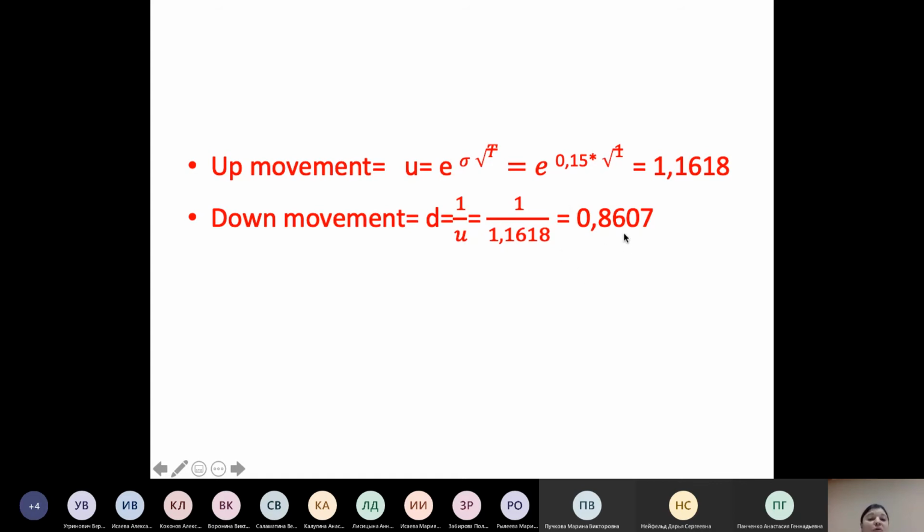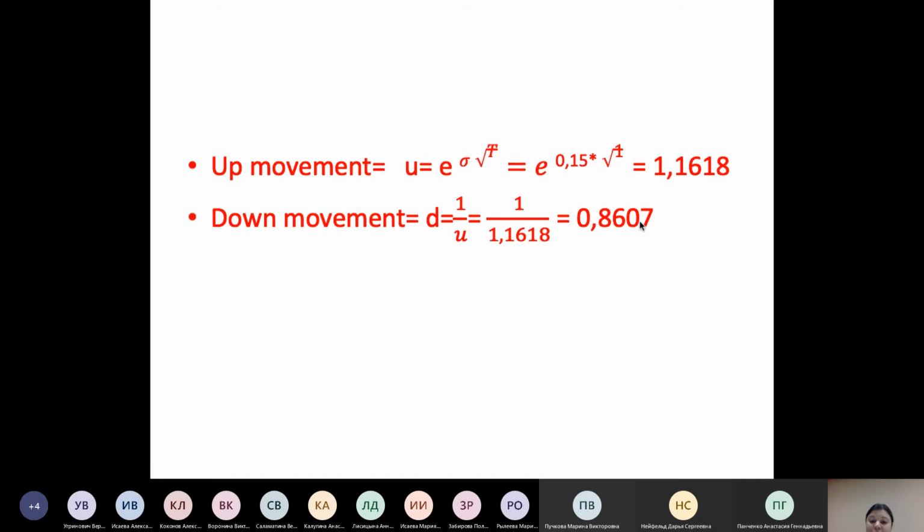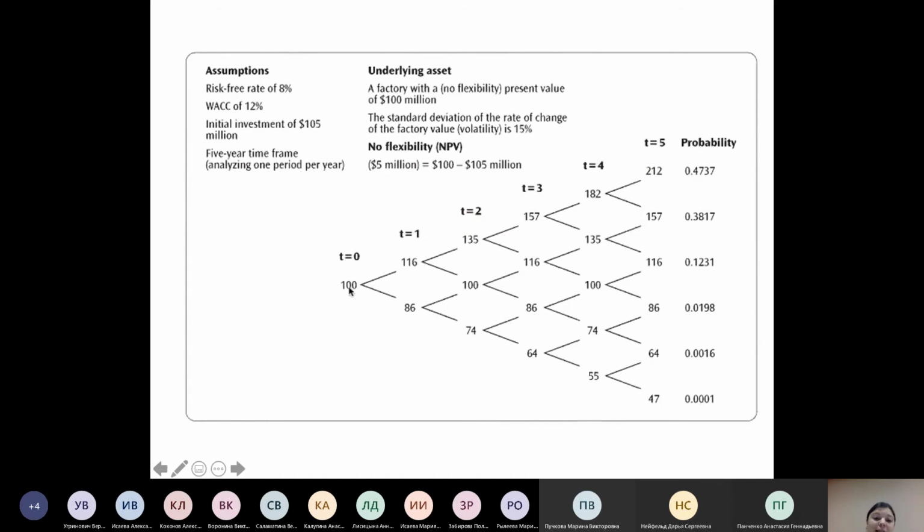And the value of our down movement coefficient is 0.86.